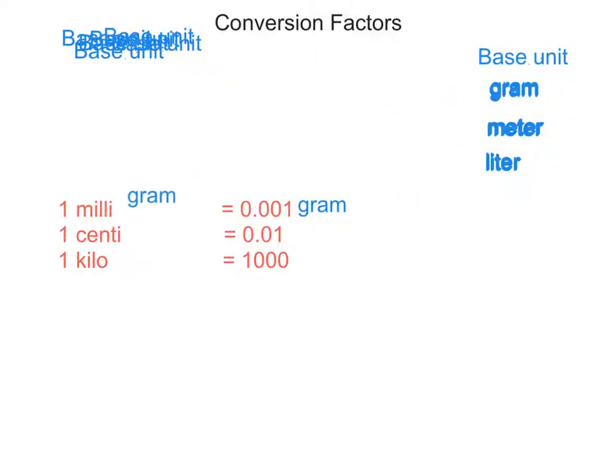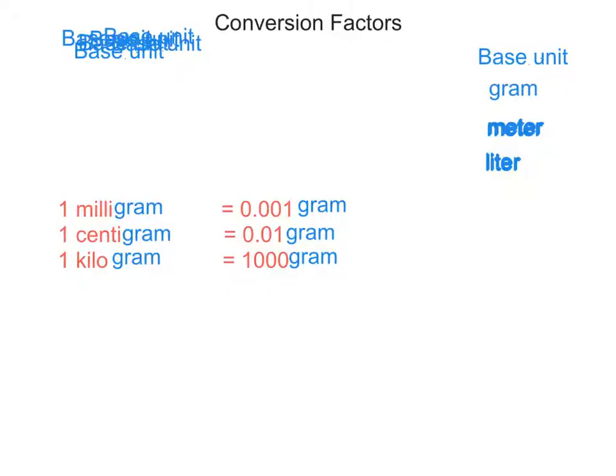So we could say that 1 milligram is equal to 0.001 gram, or 1 centigram is equal to 0.01 gram, or 1 kilogram is equal to 1,000 grams. Go ahead and write this down in your notes under the title Conversion Factors on the right-hand side of your Cornell Notes. Pause this video and then replay it when you're done.